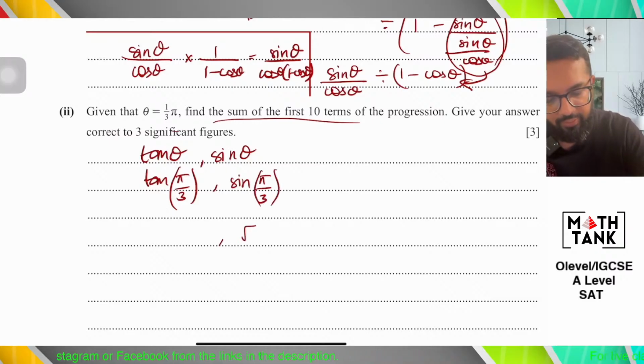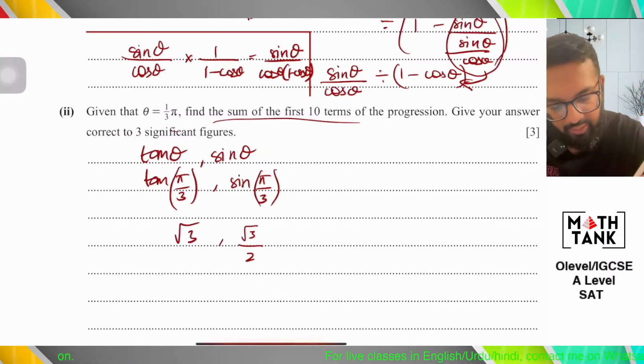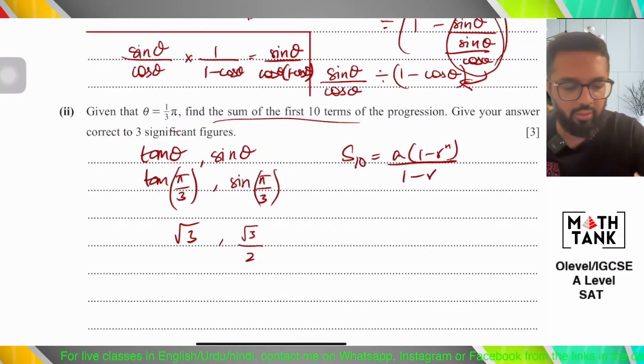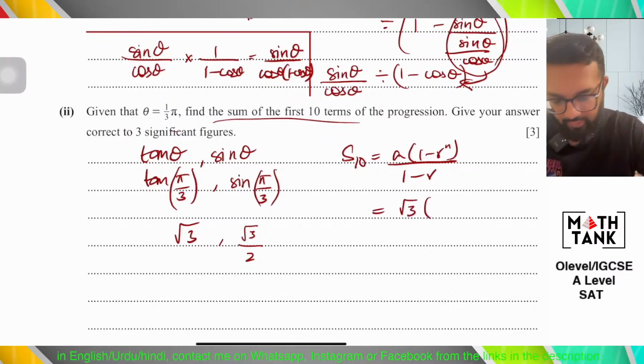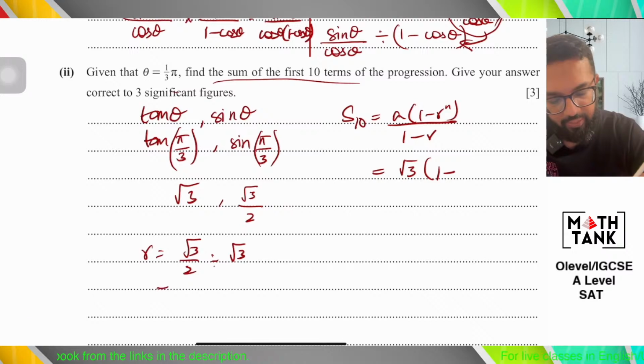Sine pi over 3 is root 3 over 2 and tan pi over 3 should be root 3. The sum of 10 terms is a times 1 minus r to the power n over 1 minus r. So r should be root 3 over 2 divided by root 3. That means I'm going to get half.